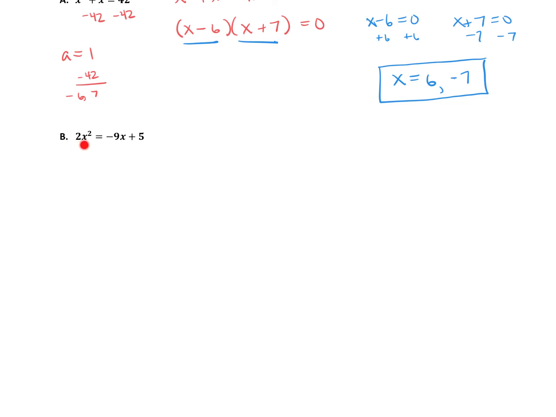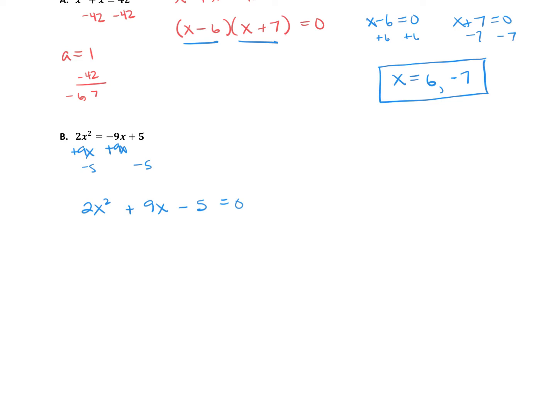So I want to leave this 2x squared on the left side so that stays positive, which means I'm going to add 9x and subtract 5 to get those to the other side. So we're going to add 9x to both sides. I'm just going to write it all out at the same time. We're going to subtract 5. Our new equation is 2x squared plus 9x minus 5 equals 0.